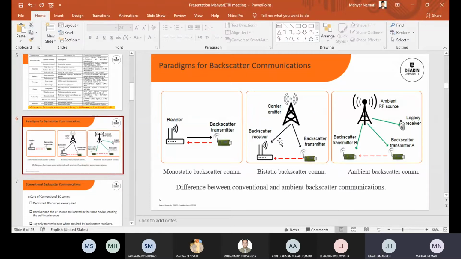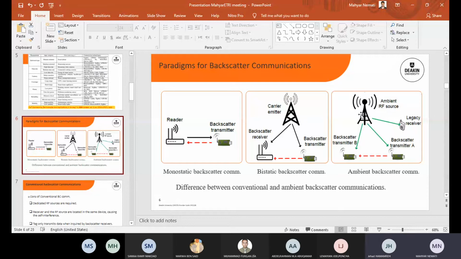To make both of these techniques more cost efficient, there is a new concept which has recently attracted the attention of researchers in academia and industry, called ambient backscatter communication. In that paradigm, as you can see, there is no dedicated emitter. The emitter here is the ambient RF source.